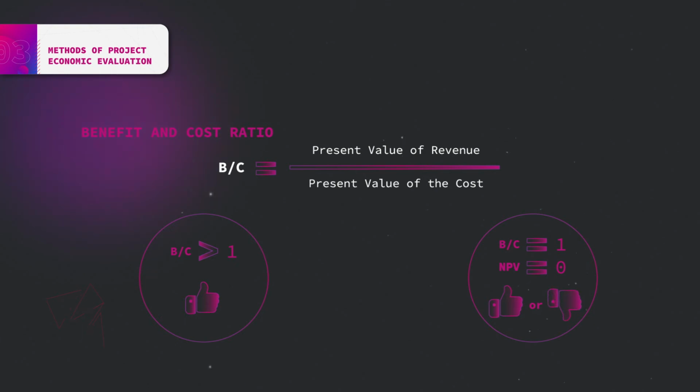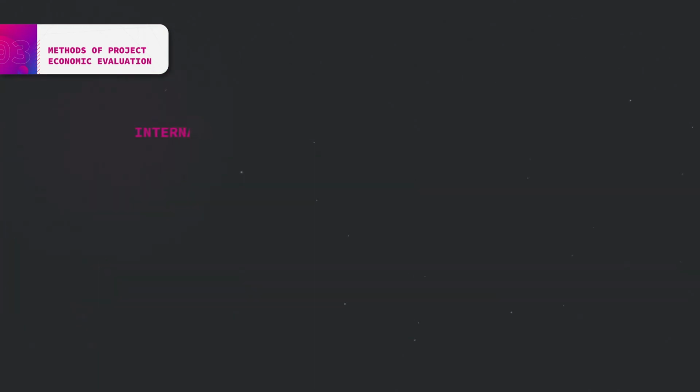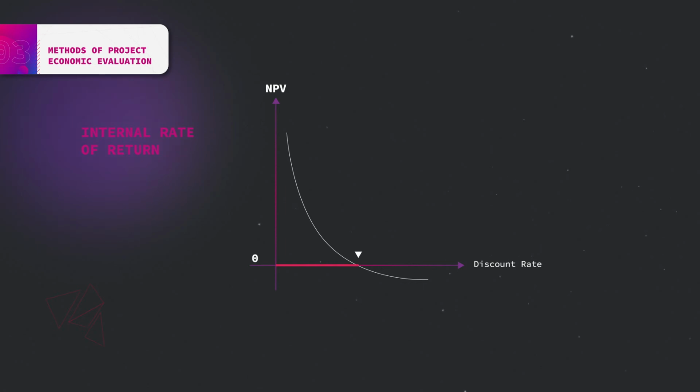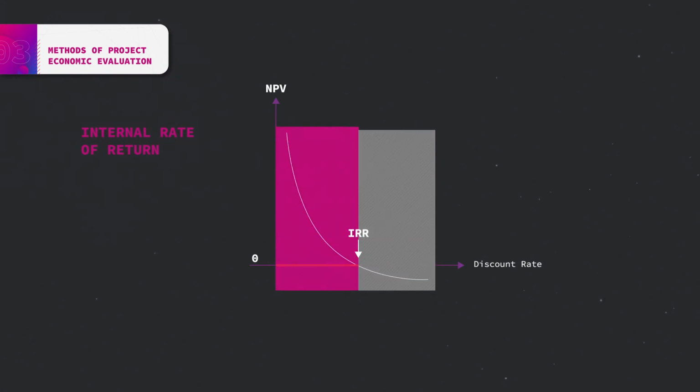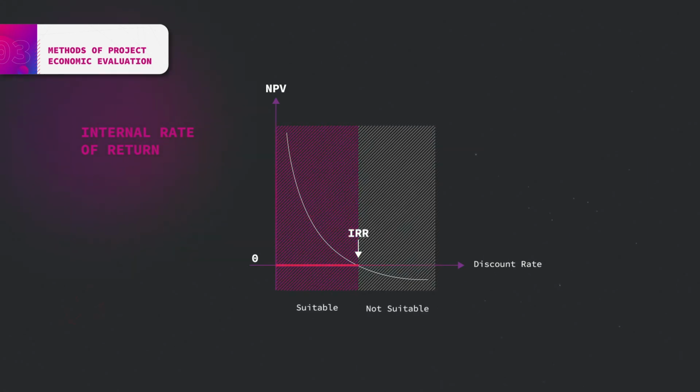The project should be rejected if B&C is less than 1, because the costs exceed the benefits. The internal rate of return, or IRR, is the discount rate at which a project's NPV becomes zero. IRR is an evaluation criterion for project appraisal. Under a specific value of IRR, the investment should be considered not suitable.